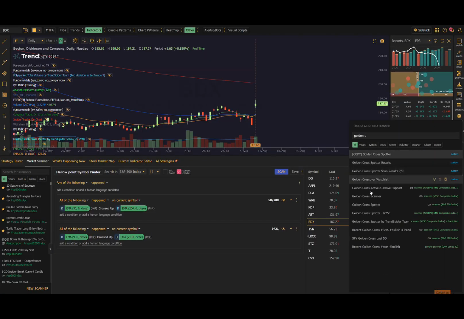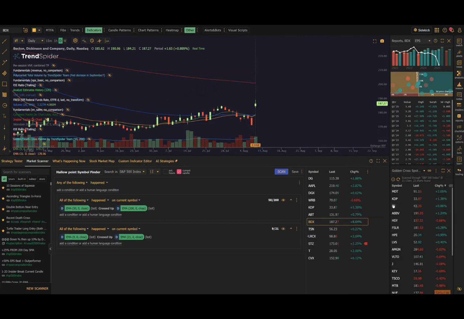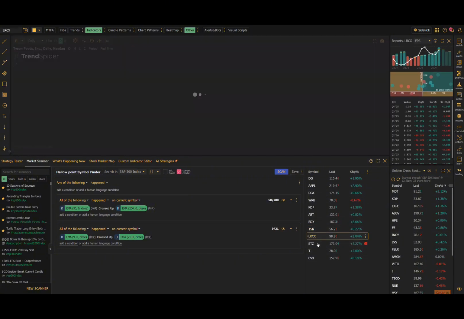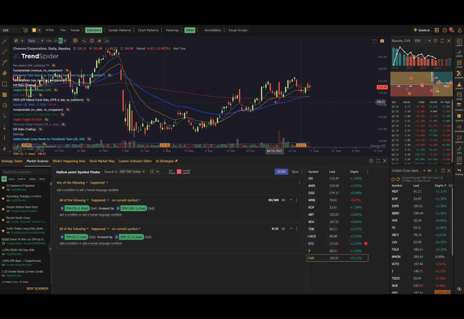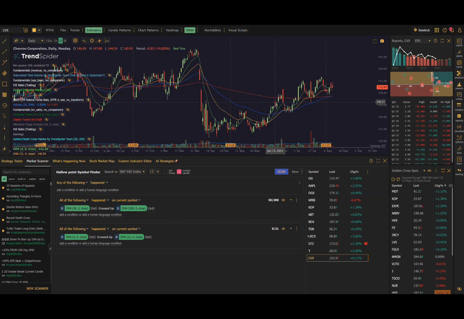We have this Golden Cross spotter. This is a dynamic watch list, and you can just refresh it, and it'll automatically update with stocks showing that pattern. Yeah, very cool stuff, right? Exactly.